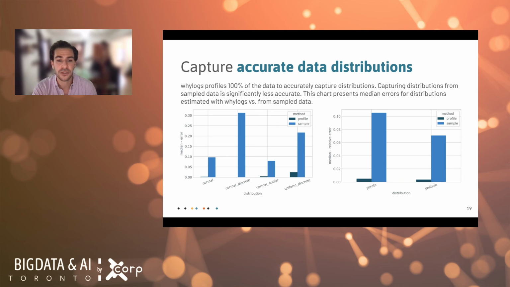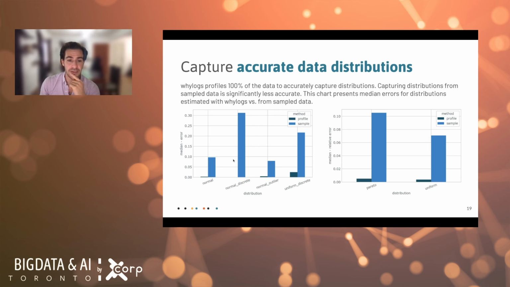What we've done here is actually run a benchmark test where we hold side by side what happens if you do sampling and what happens if you do profiling. Now, the y-axis here is the median error, or the error on the median, rather. And as we can see, the error on the median is quite a bit higher for sampling data sets than it is for profiling data sets.